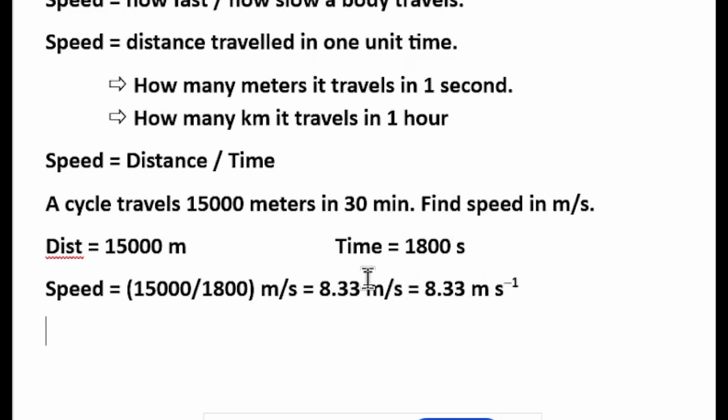In books, sometimes they write like this, but this is the correct form. M space S, with S for second, and then minus 1 for per. This minus 1 is per. So this is how we calculate the speed.